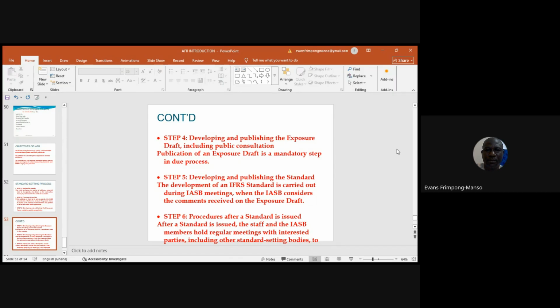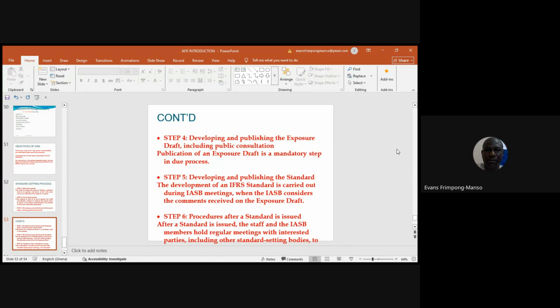No. They will set a date that the standard will have to be applied, because they have to hold meetings with interested parties and other regulatory bodies to explain to them the new standard that has been set and how it should be applied. So that phase is when they sensitize interested parties and bodies about the new standard.